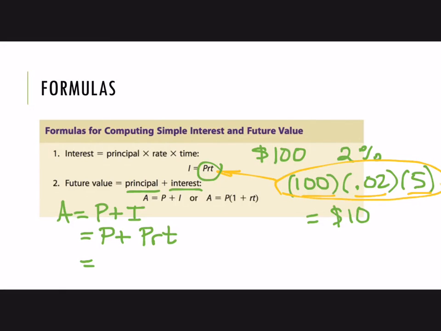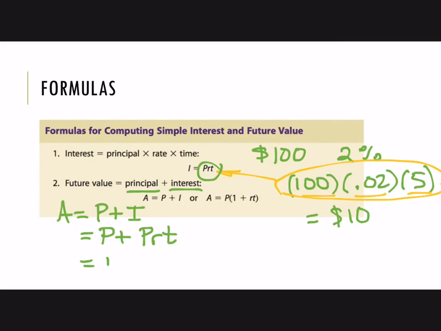And then this is an algebraic step called factoring out a variable. You may remember this. If not, basically what we're doing is dividing each of these things in the sum by whatever they have in common. So notice that there's a principal in each of these. These are called terms, okay, the things on either side of the plus sign.